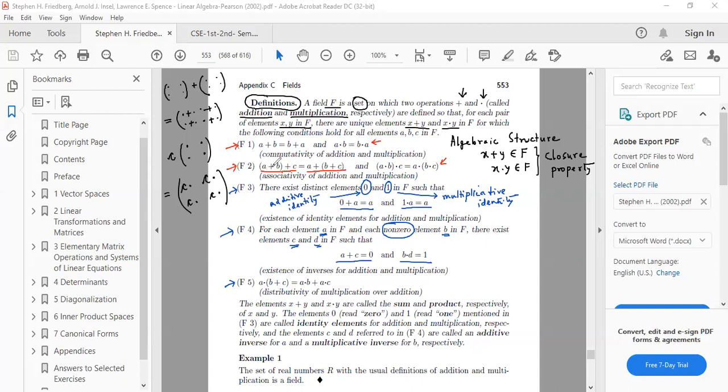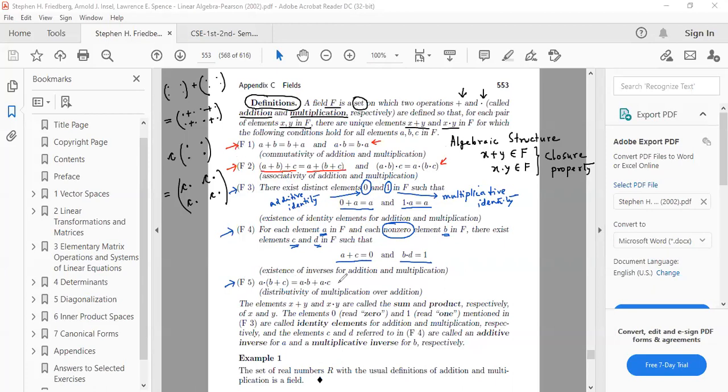In F2, we have associativity for addition and multiplication. In F3, we have 0 plus A equal to A and 1 dot A equal to A. In F4, we have A plus C equal to 0 and B dot D equal to 1. In each of these cases, plus is separated, dot is separated.